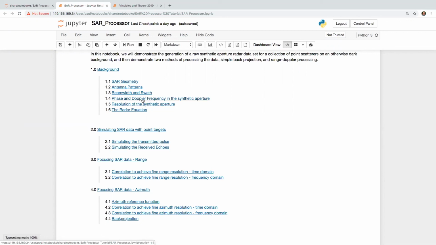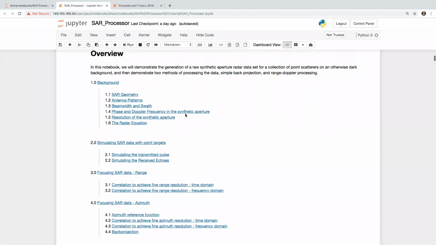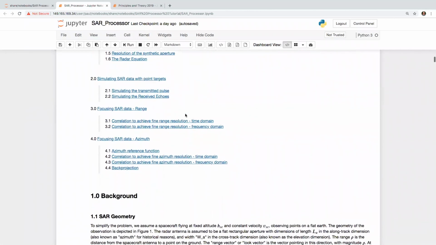It talks in detail about the phase and Doppler frequency in the synthetic aperture and the resolution, the same description I just gave you, in greater detail. And there's quite a bit on the radar equation, which talks about the noise quality of your data. This goes through the entire derivation of the radar equation, which also is quite instructive.